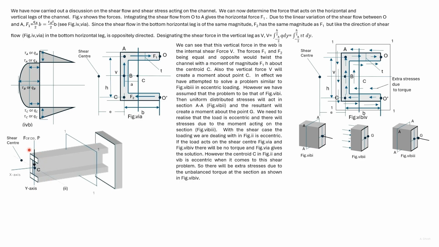This problem is similar to this problem. Even though the load is applied at the centroid, there's a torque acting on the section, just like a moment is acting at the section A. We need to find a separate point at which, if the load is applied, there will be no torque in the section.